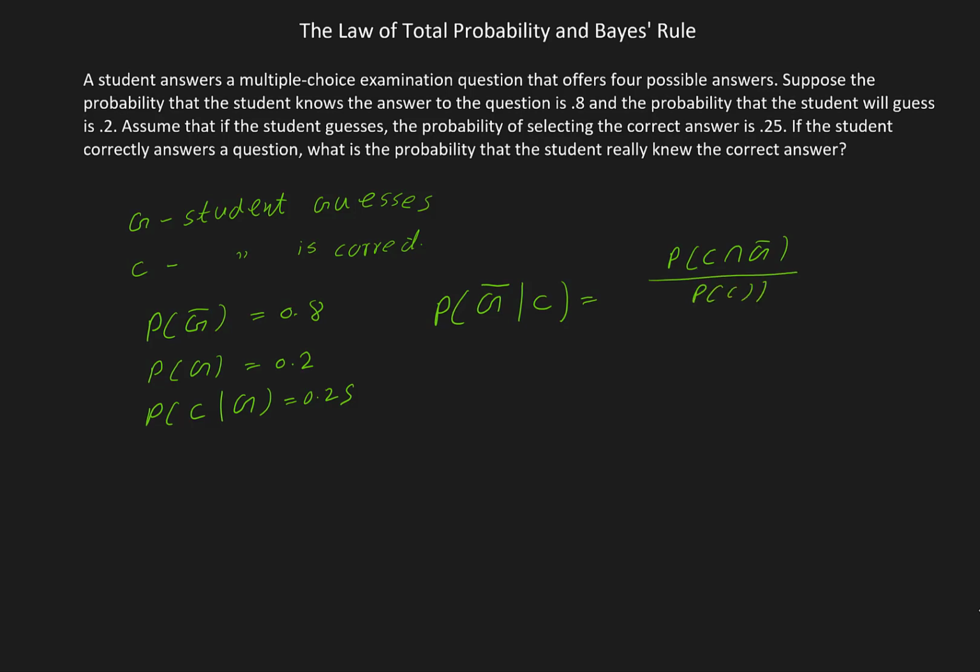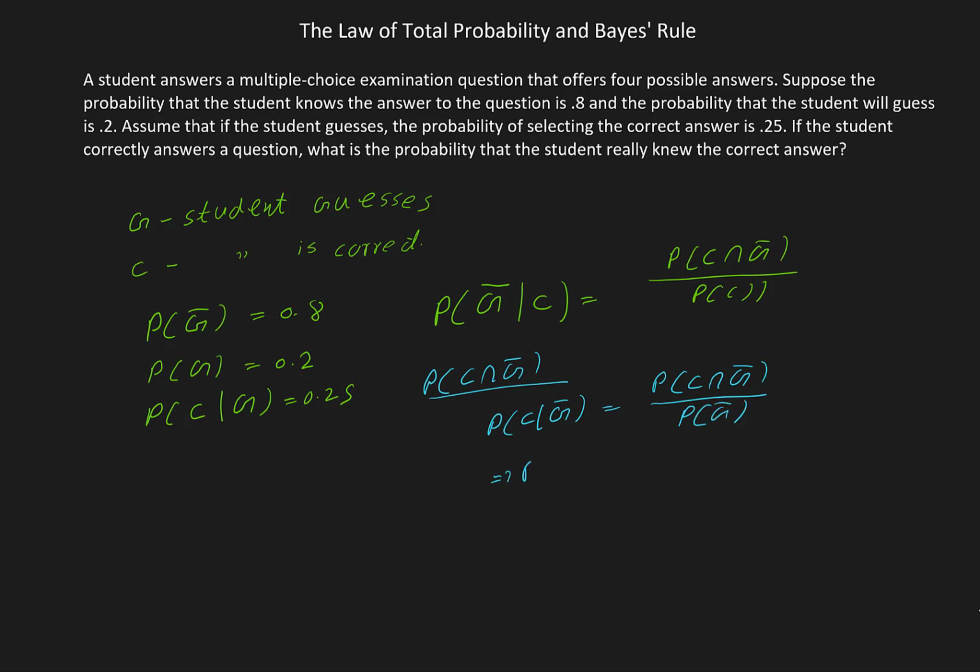Now how do we find the probability of C and G complement? Right. So I use this one: the probability of C given G complement equals the probability of C and G complement divided by the probability of G complement.